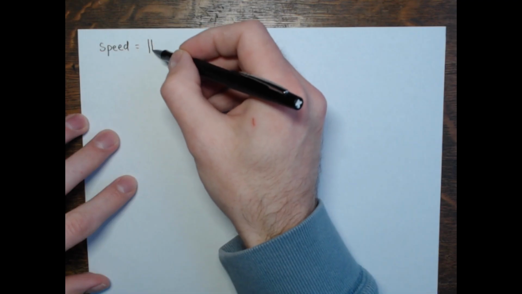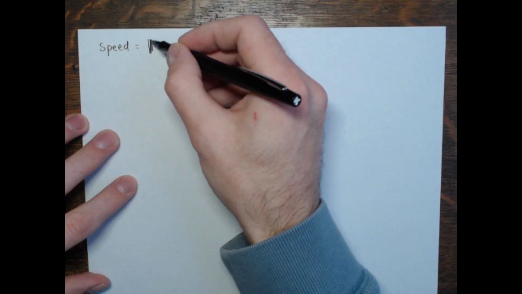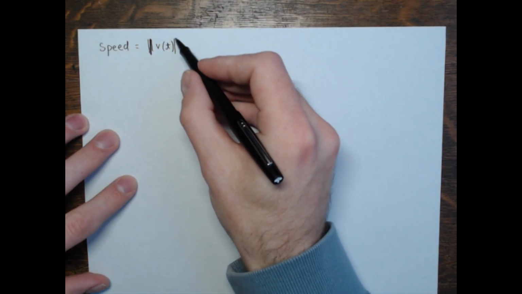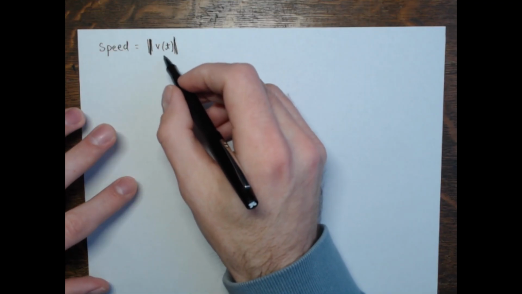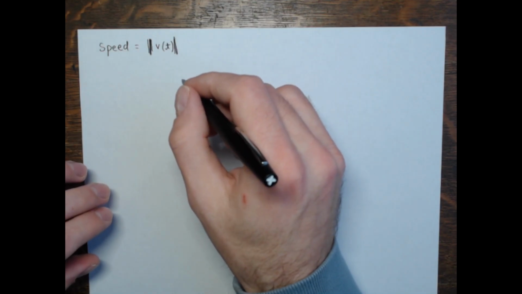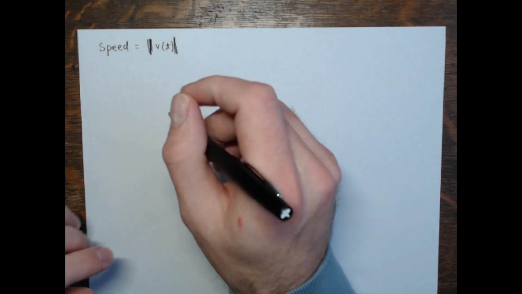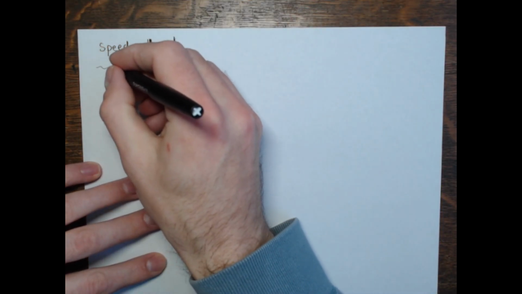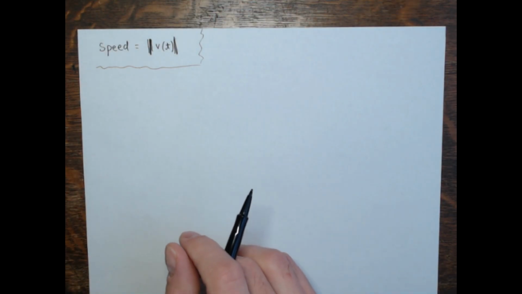Speed is simply the absolute value of velocity. Whatever your velocity is at any given time, just make it positive, right? So if I have a negative 3 feet per second velocity, the speed would be positive 3 feet per second. Whatever the velocity is, just make it non-negative, and that's your speed.